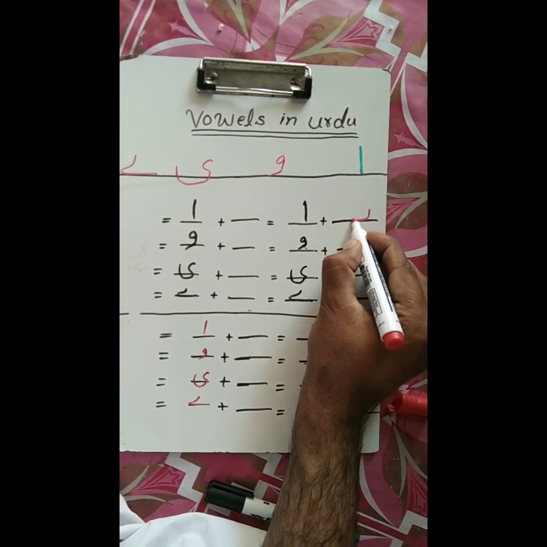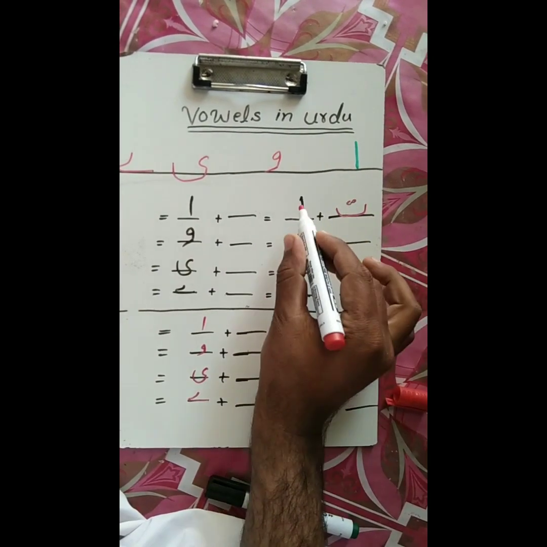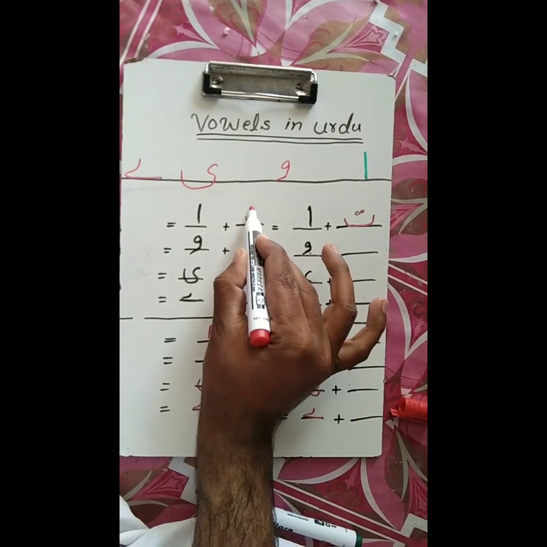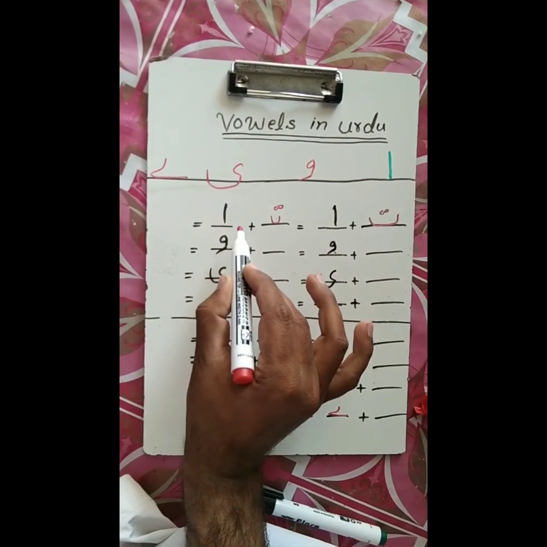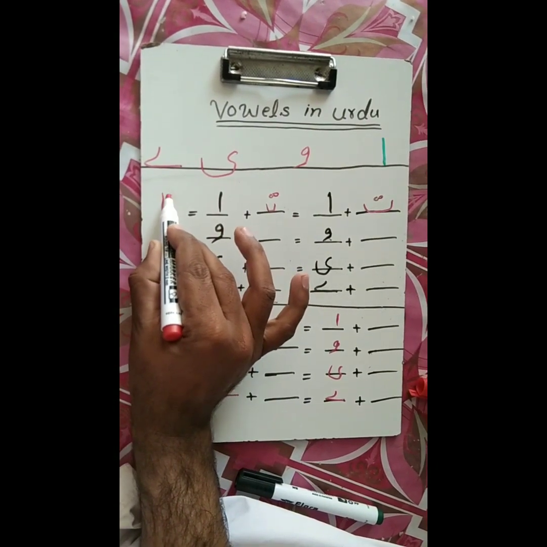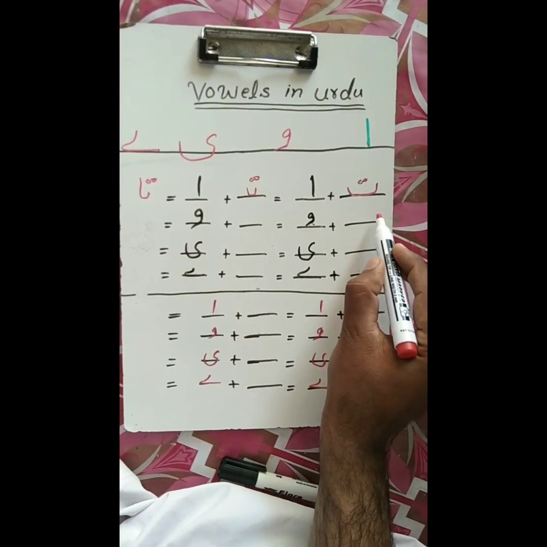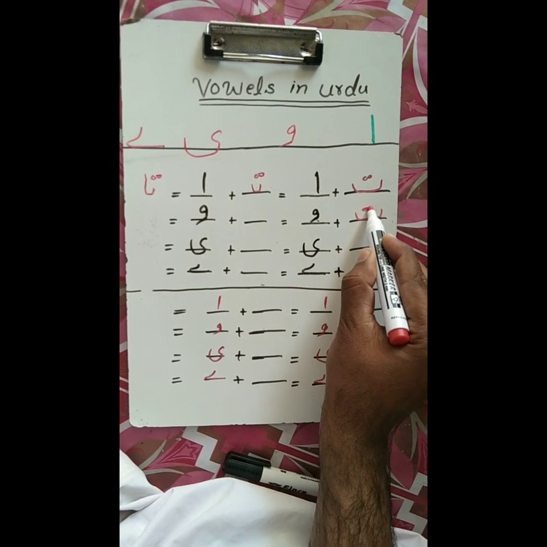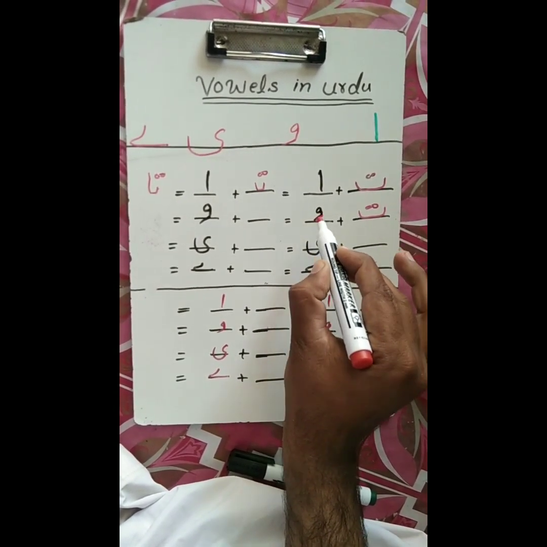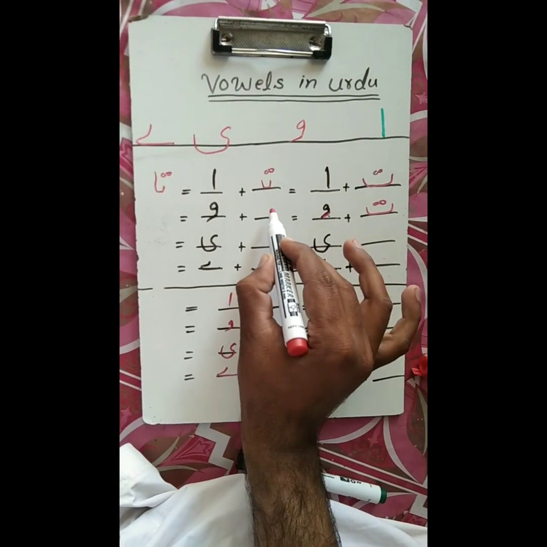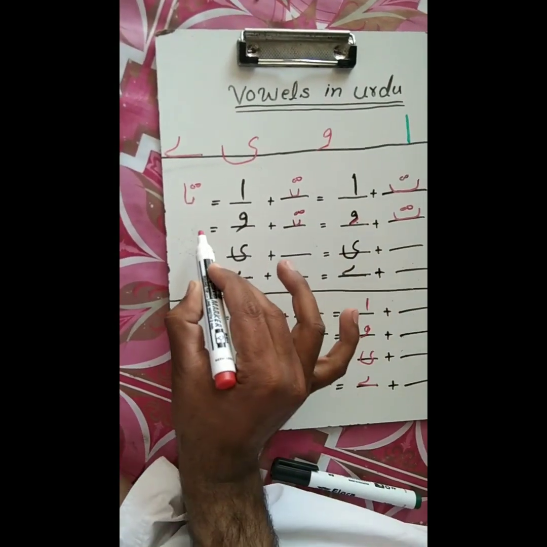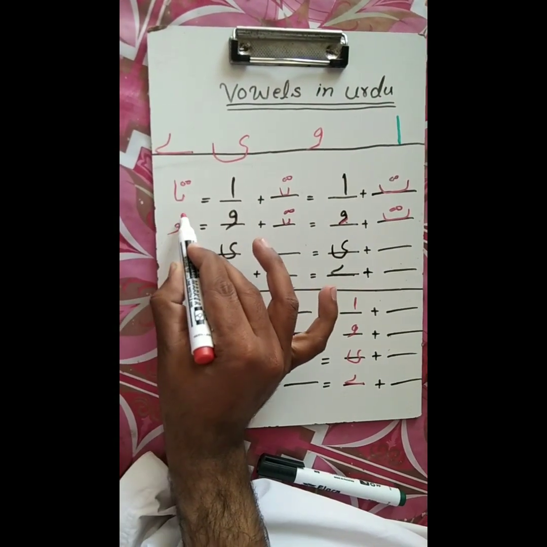The next word is te. We write te here. We combine with alif, and here we write half shape of te, and we combine these two, we get te alif ta. We write te again. We combine with the second vowel, that is wa, and here we write te half shape, and when we combine te and wa we get te wa to.